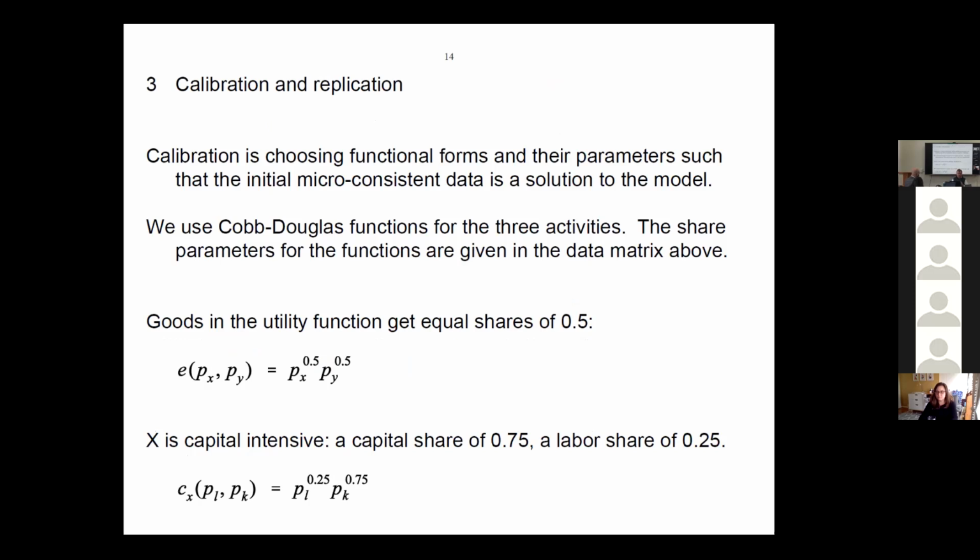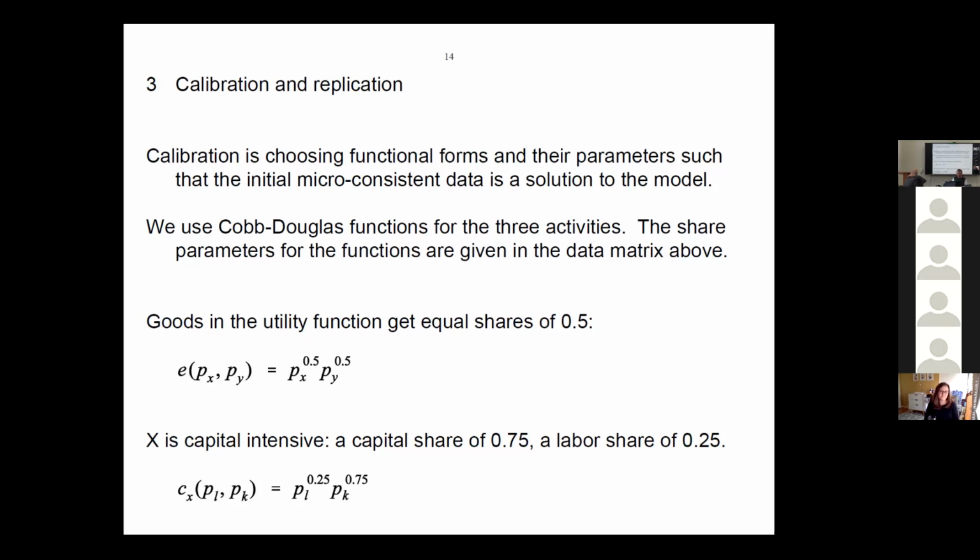So if the utility function is Cobb-Douglas, the expenditure function is as well, which makes this an easy teaching tool. So the shares are 0.5. The minimum expenditure necessary for 1 unit of utility is just PX to the 1/2 times PY to the 1/2. X industry, I'm going to use Cobb-Douglas for all 3: utility, X and Y.